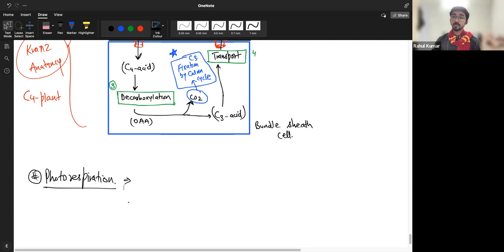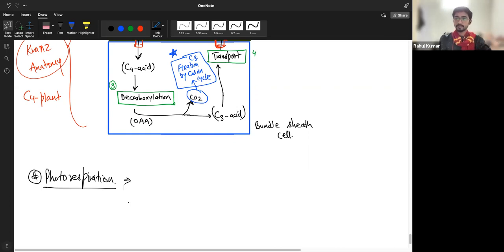Because rubisco has a dual function of being both a carboxylase and an oxygenase, so it can bind to both. But phosphoenol pyruvate can only bind to bicarbonate, which is carbon dioxide.